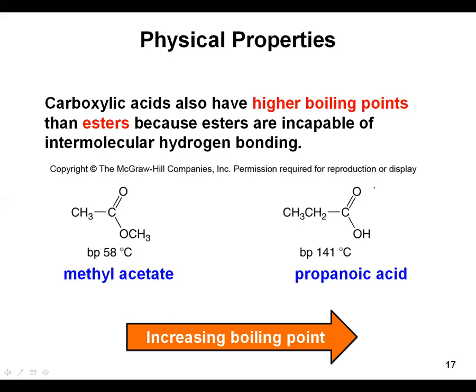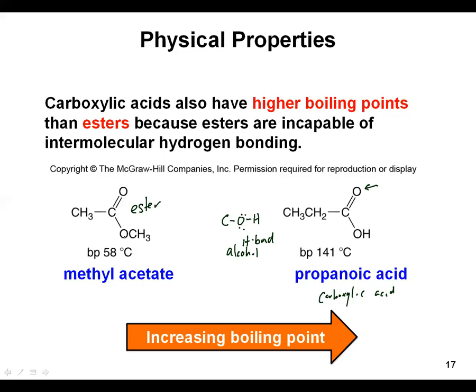So although it can hydrogen bond, it cannot also hydrogen bond with itself at this location, like in a carboxylic acid. So actually our carboxylic acid will have the highest boiling point, finally something that will beat an alcohol. A carboxylic acid obviously will have a higher boiling point than an ester, which is this guy right here.